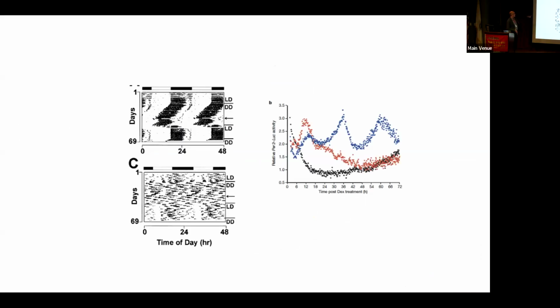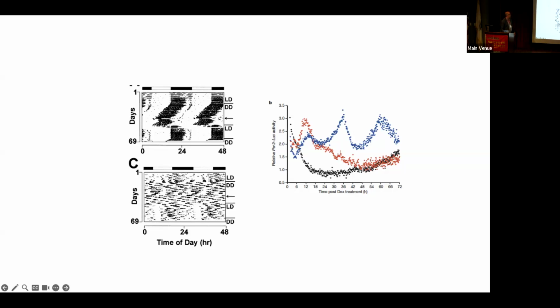This is just to show you that the one component of this system that is non-redundant is BMAL1. On the top, we have wheel running data from mice. Mice are nocturnal, so in the dark, they'll start running on wheels. As you put them in all dark conditions, they'll continue to maintain a regular period, although that's a little bit shorter than 24 hours, about 23 and a half hours.